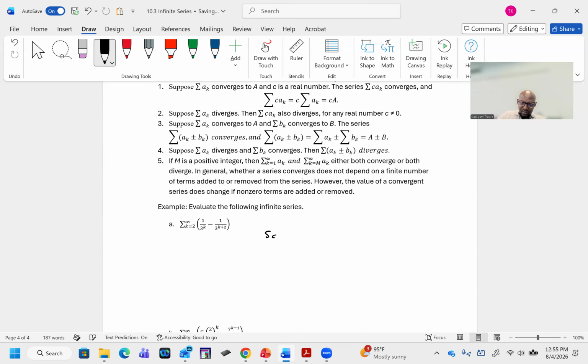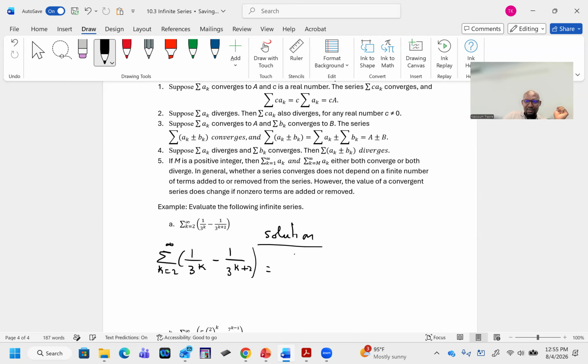solution. We can break this one down into two summations, right? Minus 1 divided by 3 to the power of k plus 2.